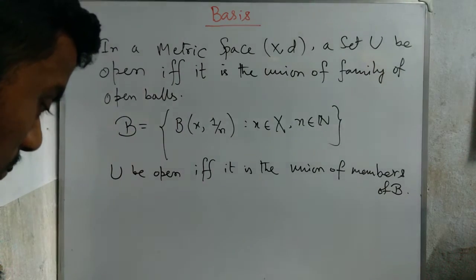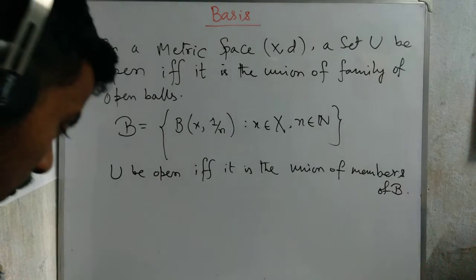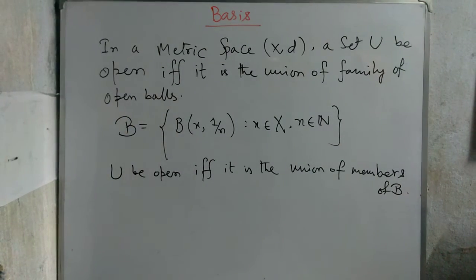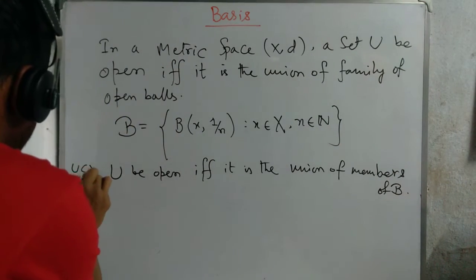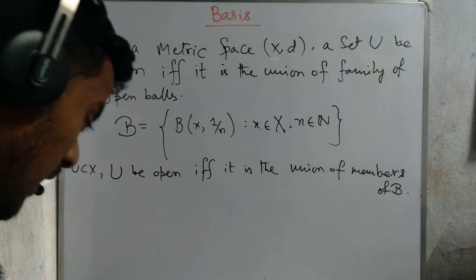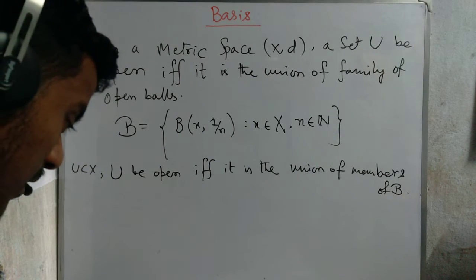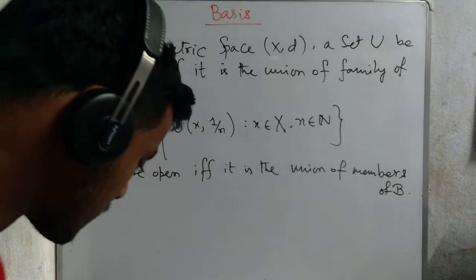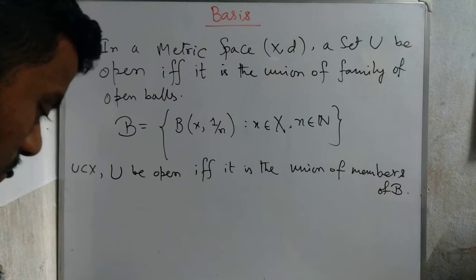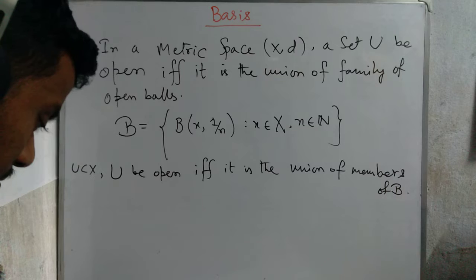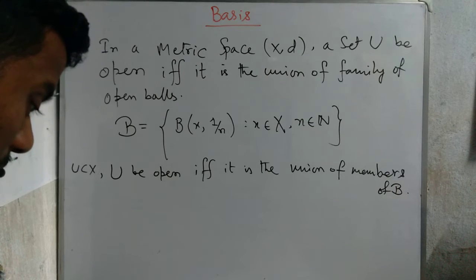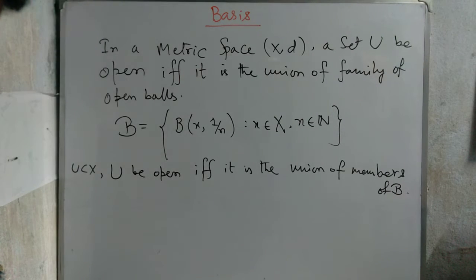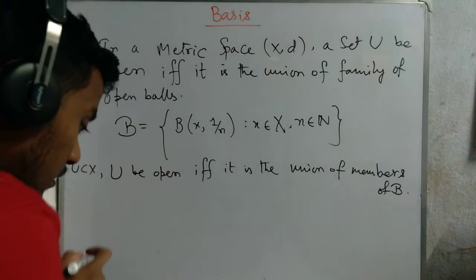X is the union of members of B. And if U is a subset of X, then U is open, and obviously for B1, B2 belonging to B, their intersection is the union of a class of members of B. Then these properties follow.